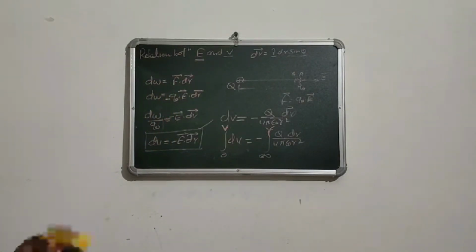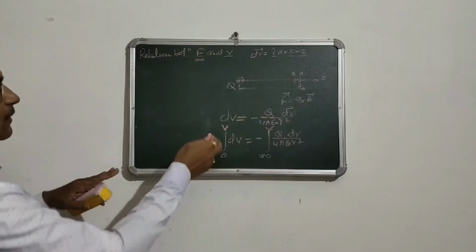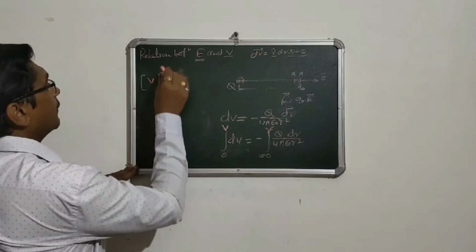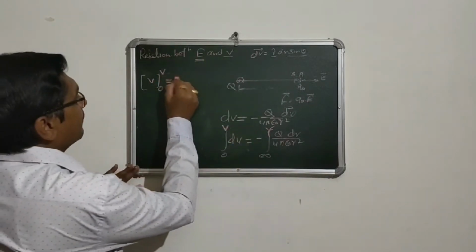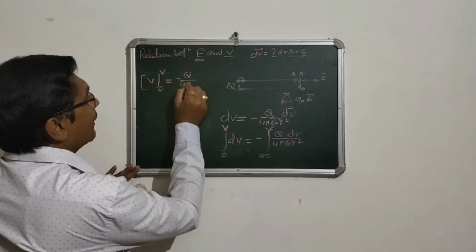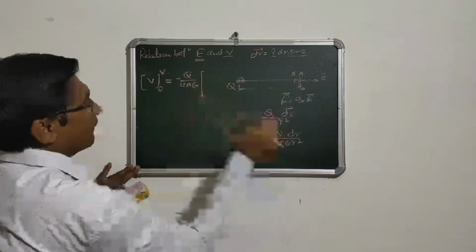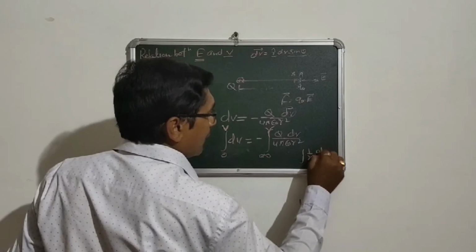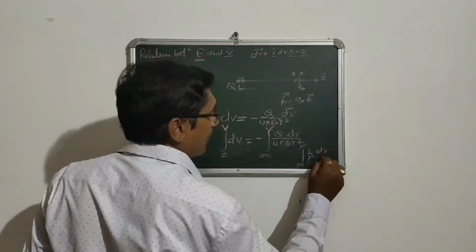After solving, the integration of dV from 0 to V is equal to, in this case, minus Q upon 4 pi epsilon naught; 4 pi is a constant value, we take it out. And the integration of 1 by r square dr is equal to minus 1 by r.